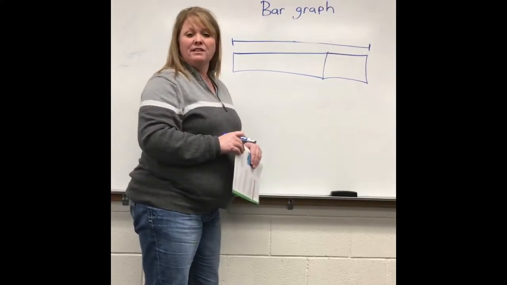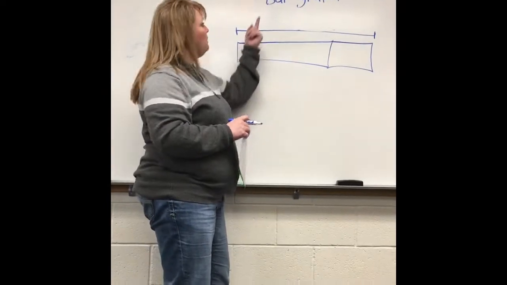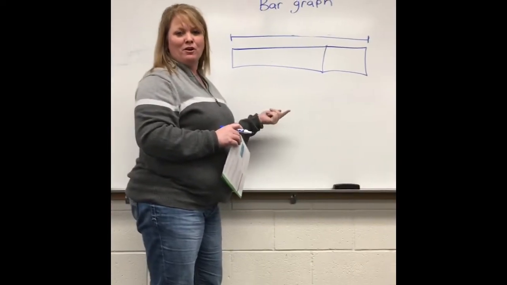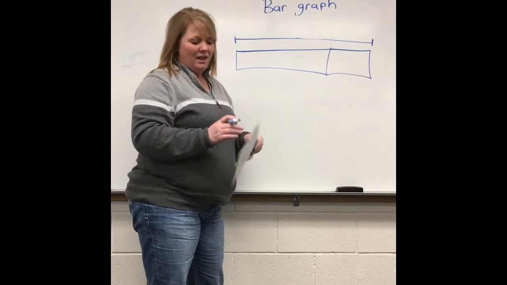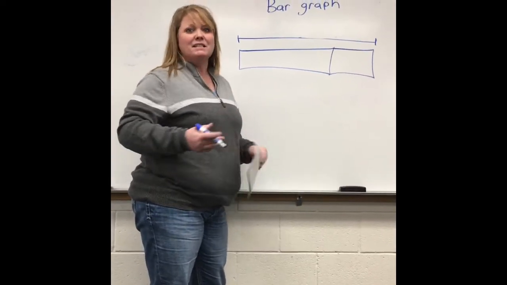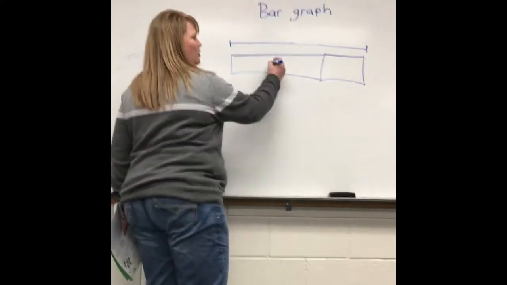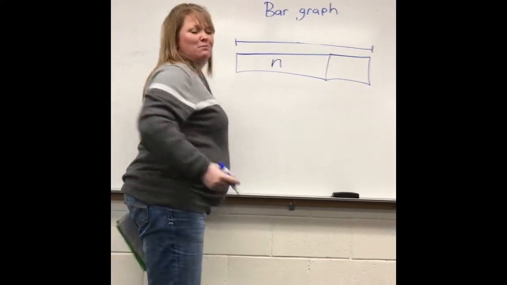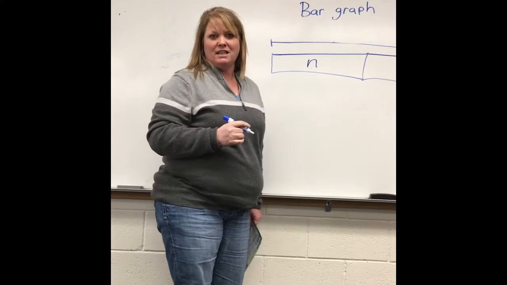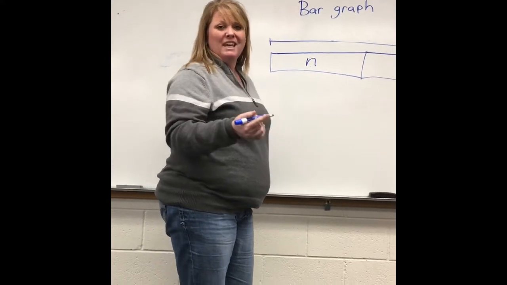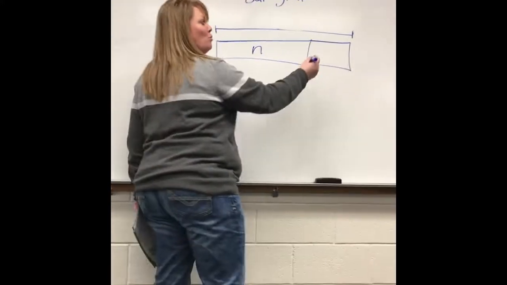All right, now we're going to solve this situation using a bar graph. I've already drawn the bar graph. We know that George had some figures. We have no idea how many figures he had. We're going to use n for some unknown number of figures he had. Then we know he added 7 more figures.